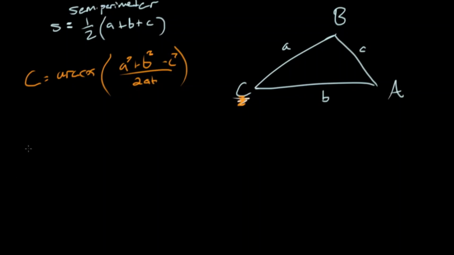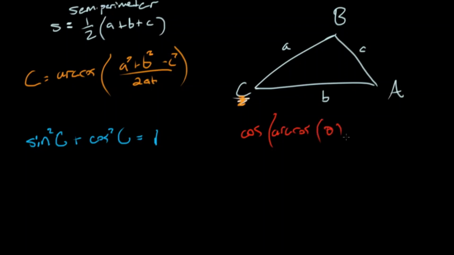In addition to this law of cosines formula, we're going to use your favorite identity, sine squared C plus cosine squared C is equal to 1. I bet you did not see this formula coming back anytime soon. The way we're going to use this is using the fact that cosine of the arc cosine of an angle is equal to that angle.